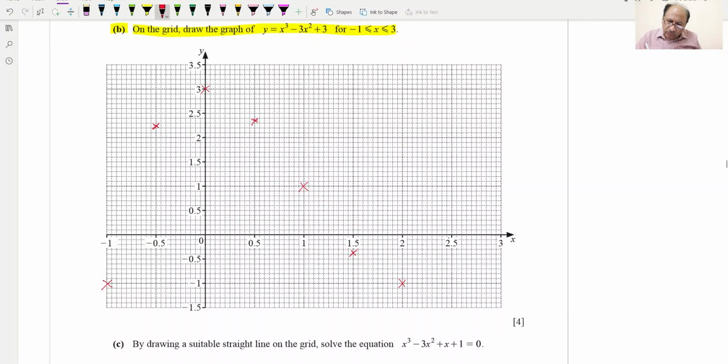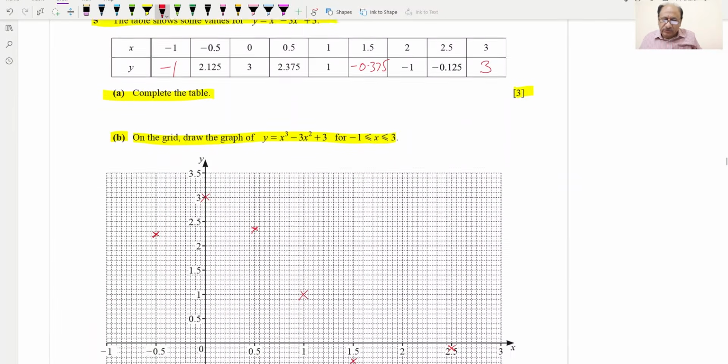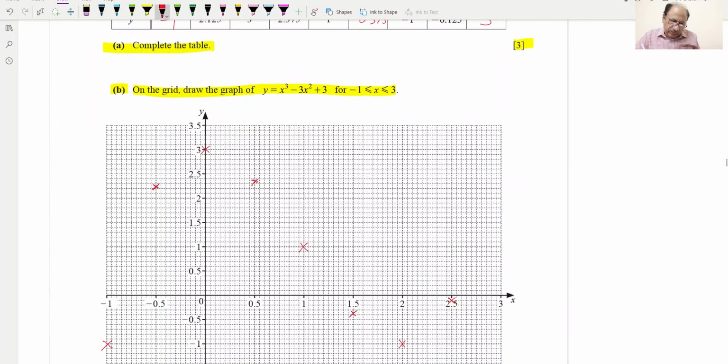Minus 0.125 will be closer to this one, and then last is 3 is to 3. 3 is to 3 will be this one.